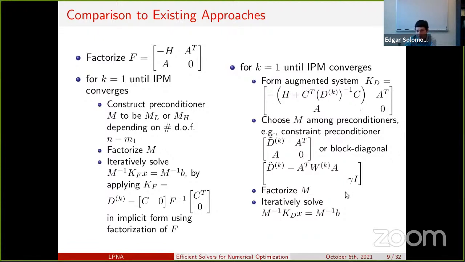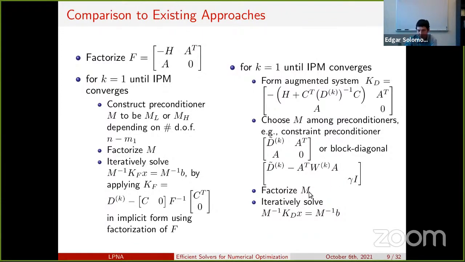Another type of preconditioner that has received a lot of attention in the literature is block diagonal or block triangular. You can also have an upper-diagonal block here, but primarily this is the form that people have paid particular attention to. But there's a lot of flavors of these, and I'm just giving a couple of examples here.